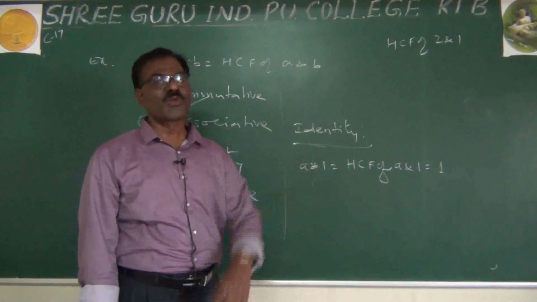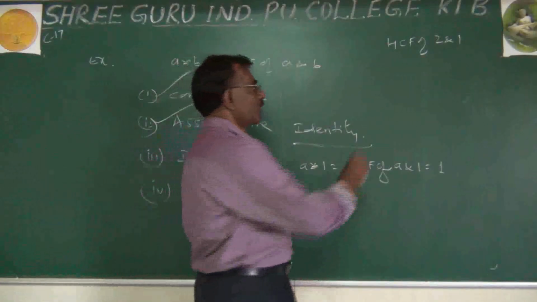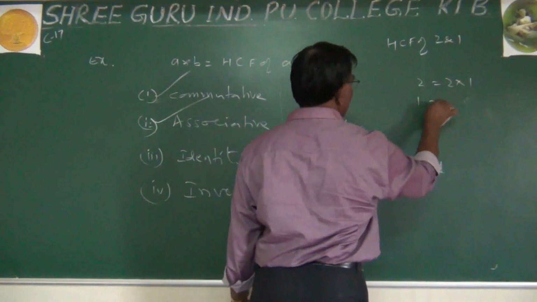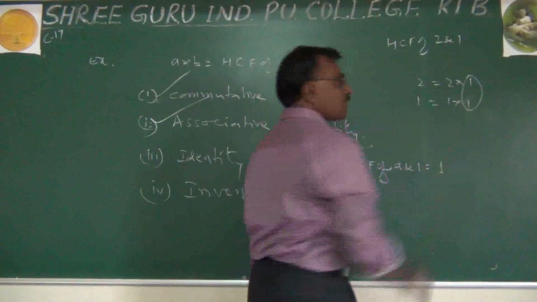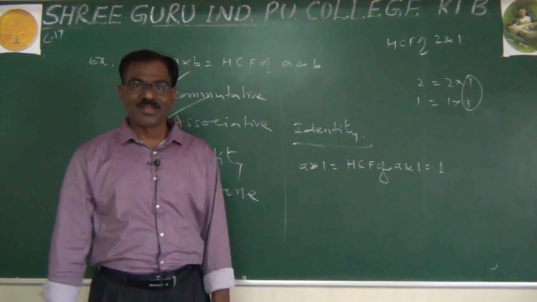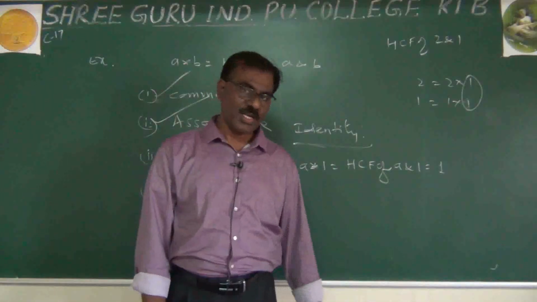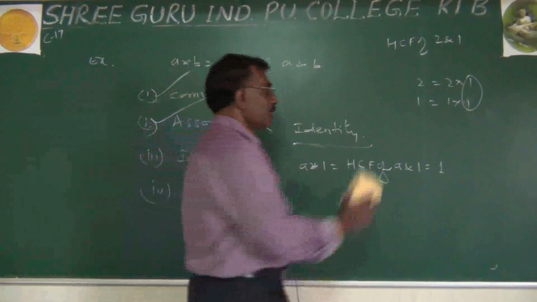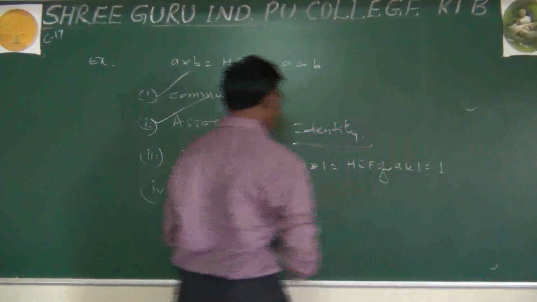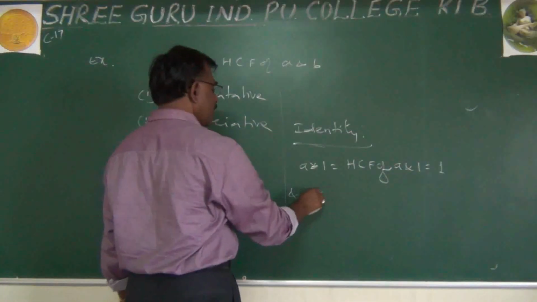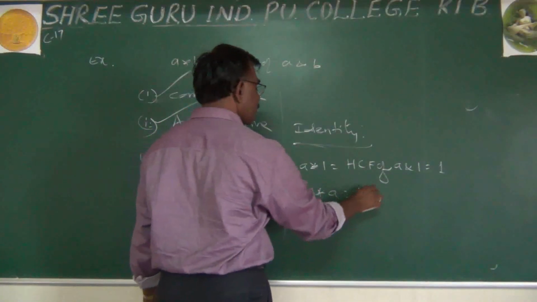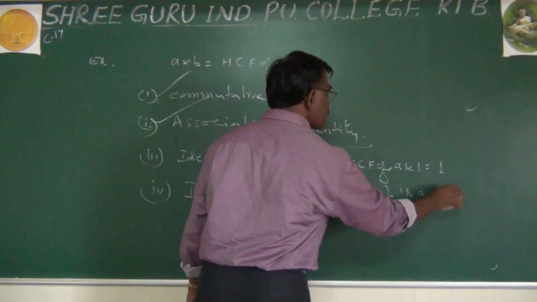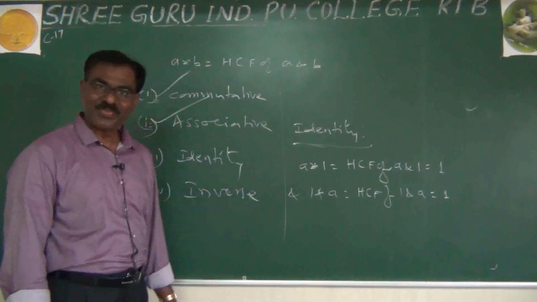The LCM would be 2, but the HCF will be 1, because 2 into 1 and 1 into 1, so 1 is the highest common factor. So A star 1 equal to HCF of A and 1 is equal to 1. Similarly, 1 star A equal to HCF of 1 and A, and this is also 1 only.